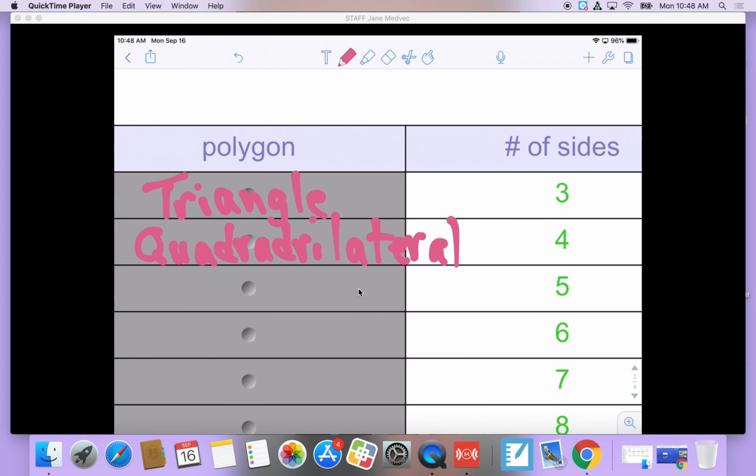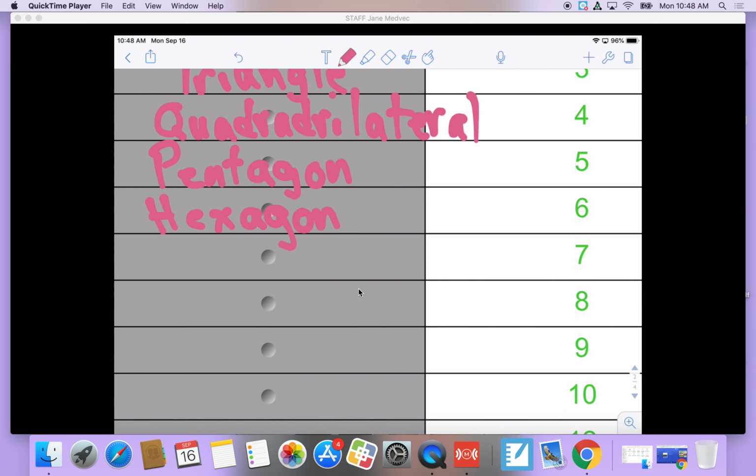That is true, but those are special types of quadrilaterals. So again, they're looking for just a general name. A 5-sided figure is a pentagon. A 6-sided figure is a hexagon. A 7-sided figure is a heptagon.